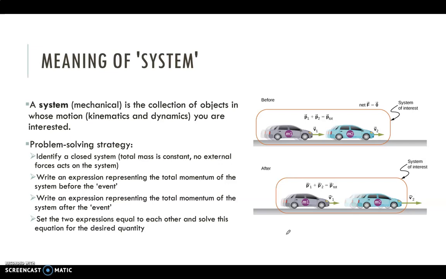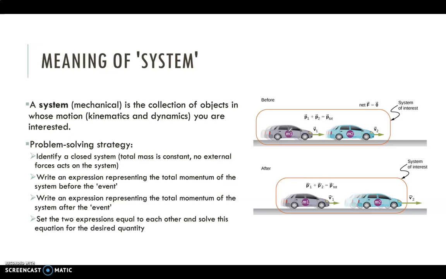Alright, let me quickly talk about the meaning of a system. I keep saying it. A system is basically a collection of the objects in whose motion you are interested. So if you are interested in the two billiard balls, both of those combined is going to be your system. Here is an example as well. We have two masses here, or two cars, and we're interested in that system. We're interested in what the interaction is, what is going on with the motion, the kinematics, of the two vehicles.